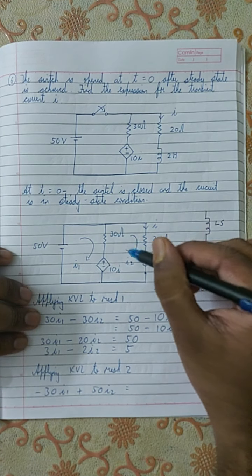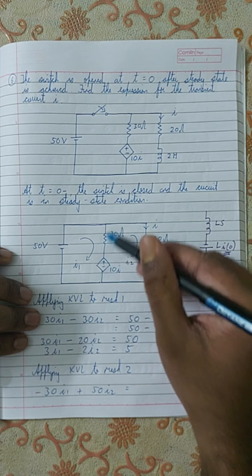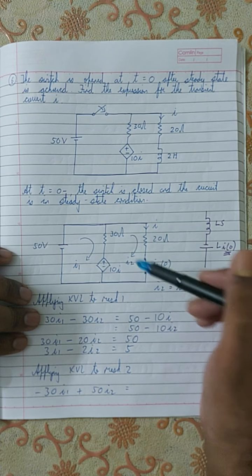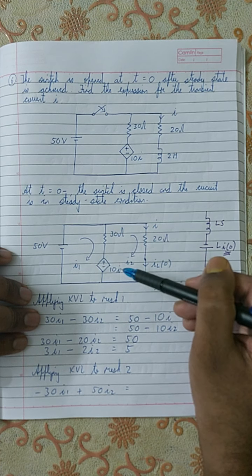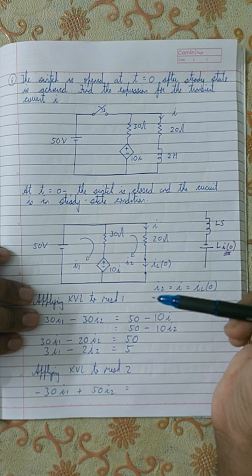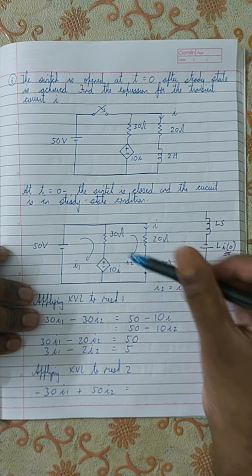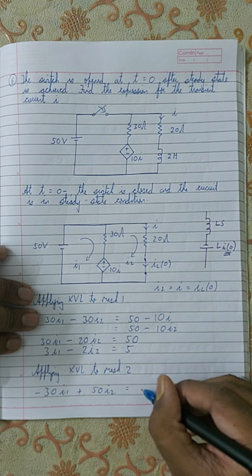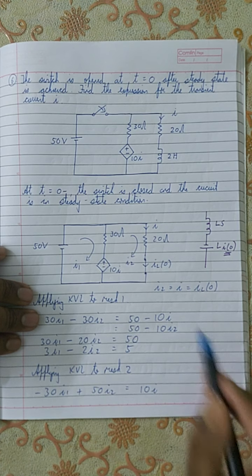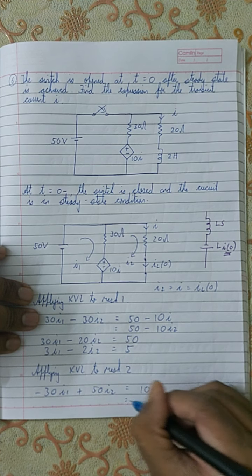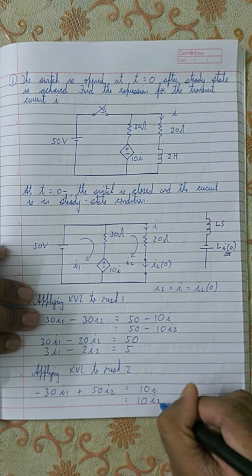What about the voltage source? This I2 goes from bottom to top in this branch, coming out of the positive terminal, so it is plus 10I. But I is equal to I2, so this is 10I2.